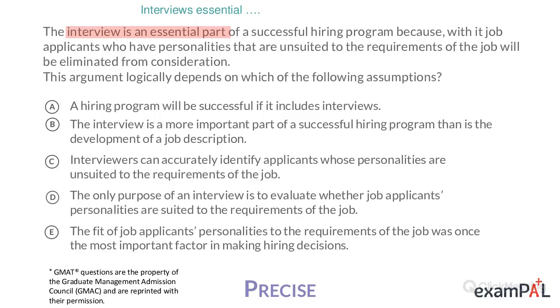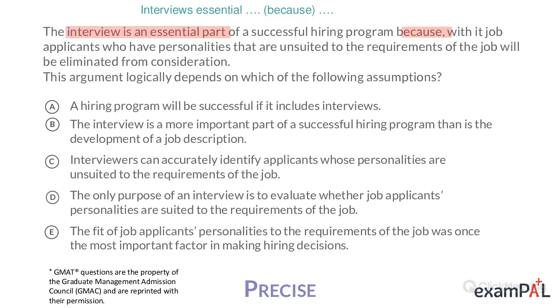So let's break down our passage into its logical components. The first part talks about how the interview is an essential part, and we can bullet point this. As you might summarize a reading comprehension passage by bullet pointing it, you can also summarize a logical passage by breaking it down into its components. So the first part is that interviews are an essential part, and we can just jot it down. Then it gives an additional detail, which is a successful hiring program.